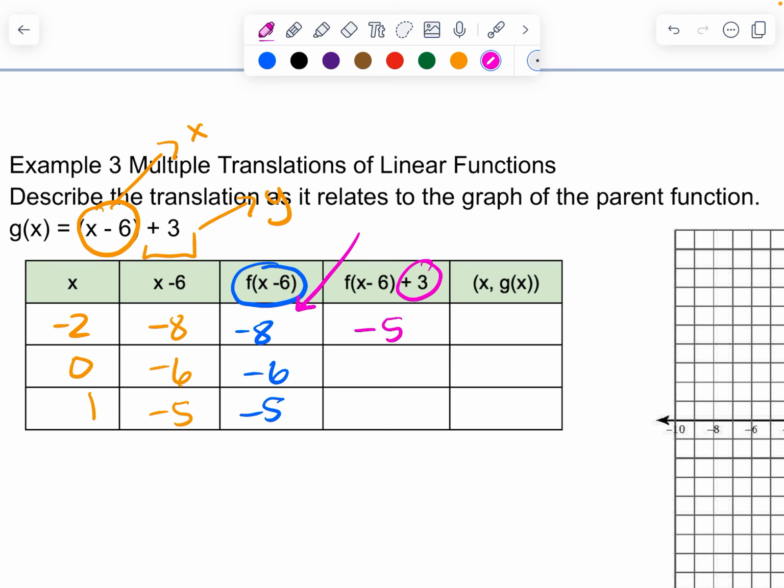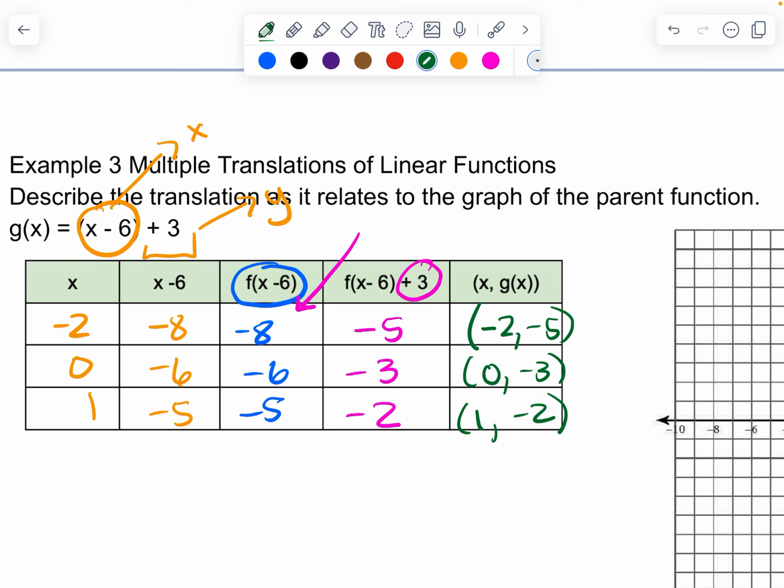So -5, -3, and -2. So now we're going to take the parentheses and we're going to do -2, -5, 0, -3, and 1, -2.